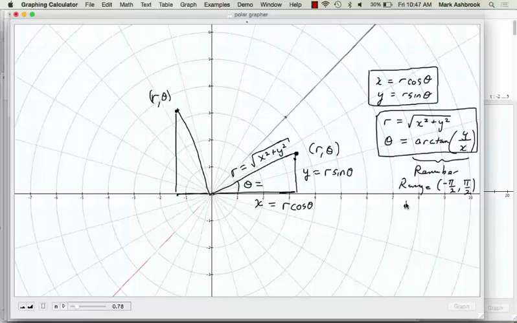So you may need to adjust, because if you're in the second or third quadrant, you're not going to get a second or third quadrant angle. You're always going to get an angle between negative pi over 2 and pi over 2 when you take arctangent. But it'll be equivalent by symmetry, so you may need to adjust based on symmetry, just by adding and subtracting.